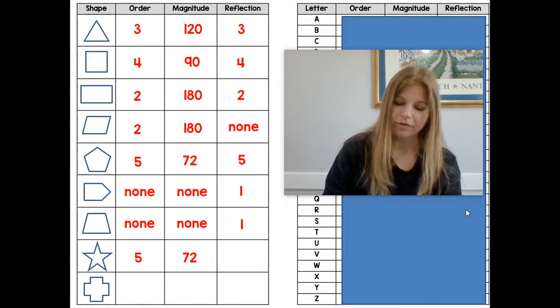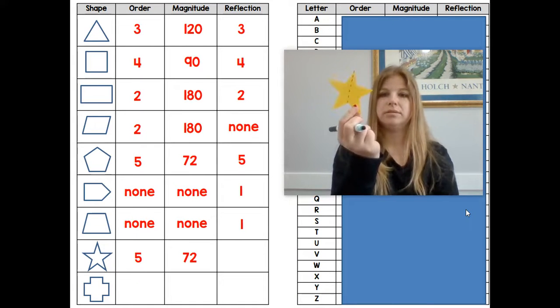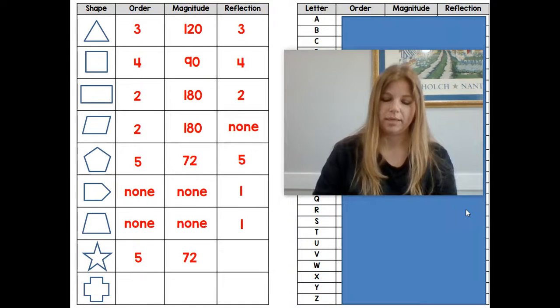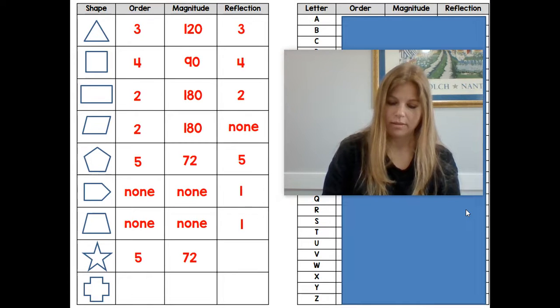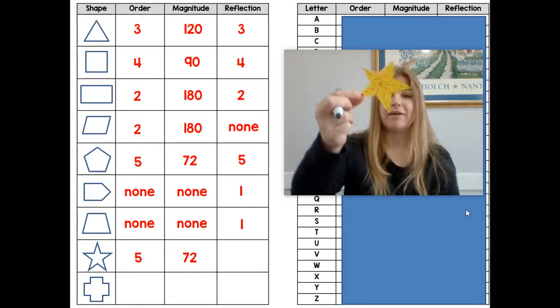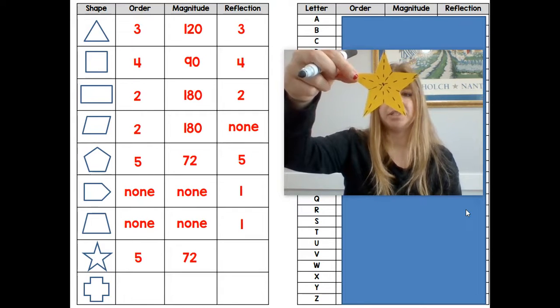I would be able to draw from each point to its opposite side. And just like my regular pentagon, I would have 5 possible lines of reflection.